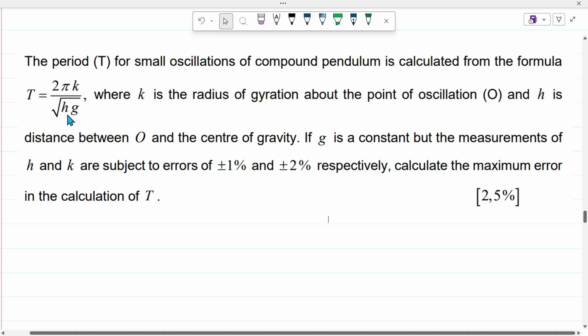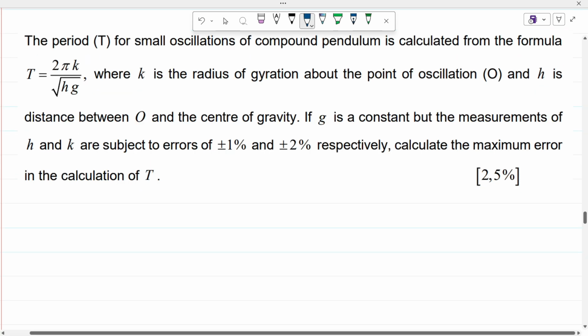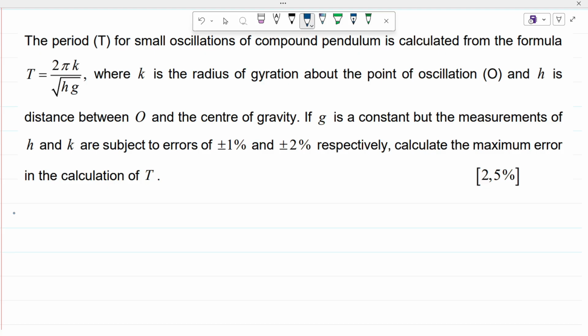So let's go. Let's start by writing our partial derivatives. Partial derivative of T with respect to what? With respect to k. Let's start with k first.